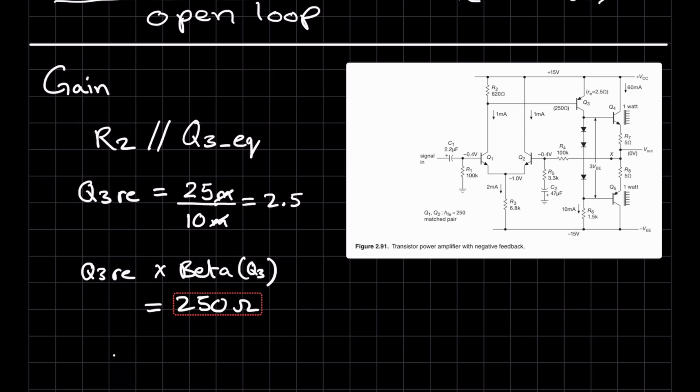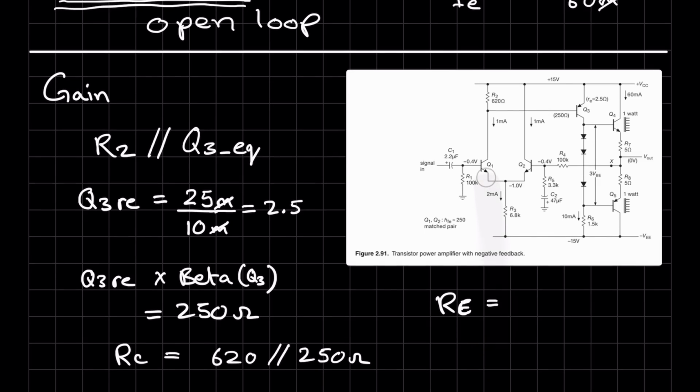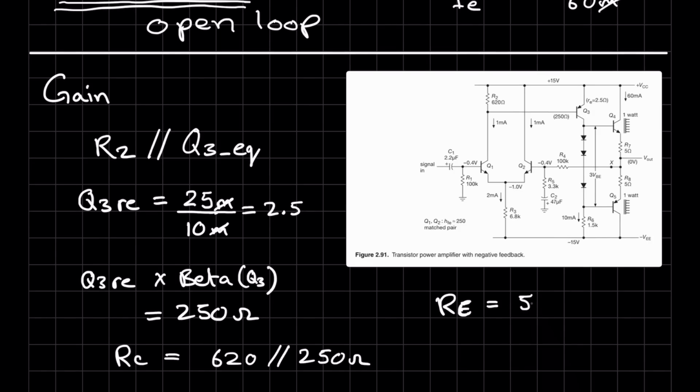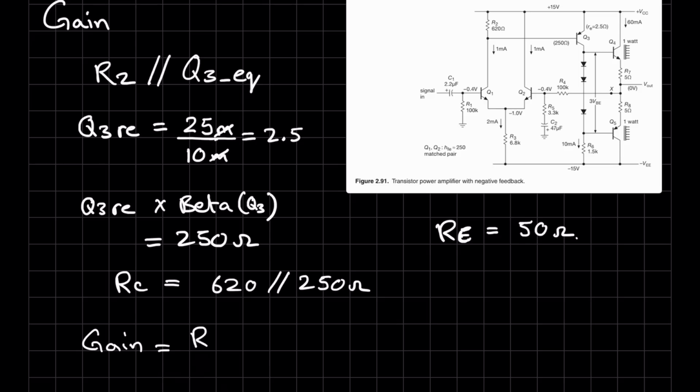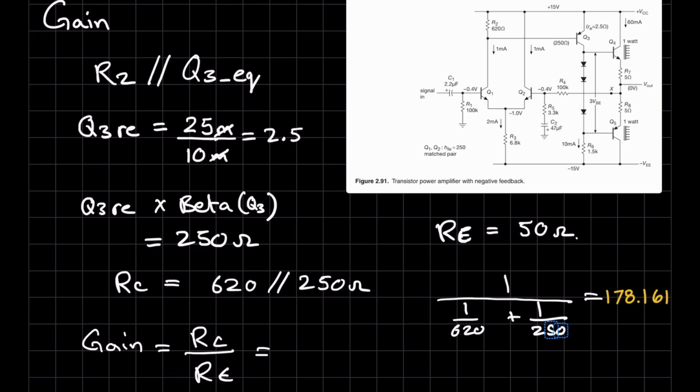So our first RC is equal to 620 ohms in parallel with 250 ohms. Now if you look at the RE value, it is basically the emitter resistance of Q1 and Q2, and we already know that they are 25 and 25, so that's going to be 50 ohms. So we can calculate gain as RC over RE, which is equal to 178.